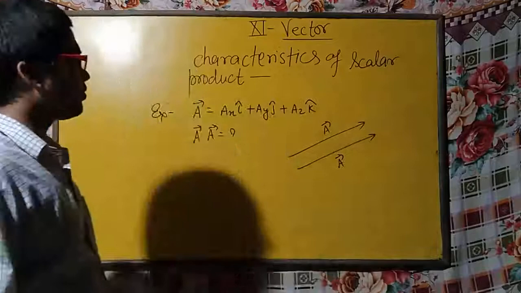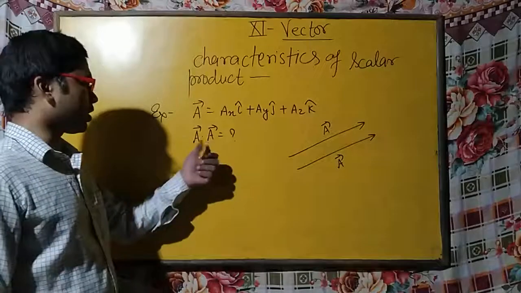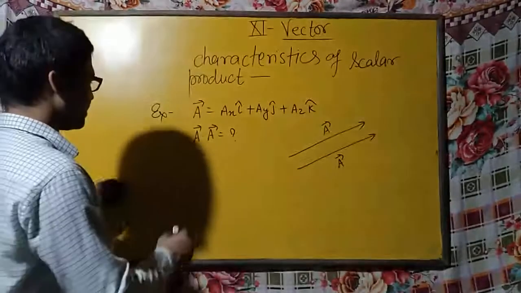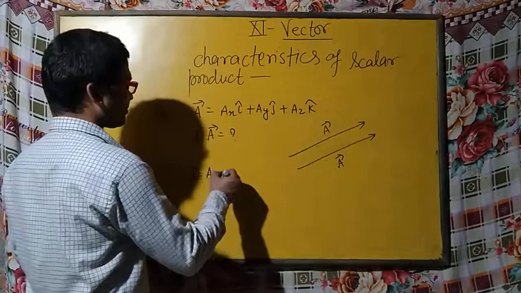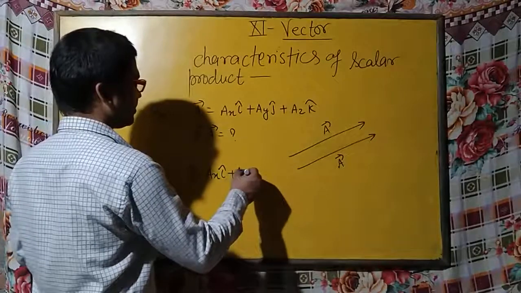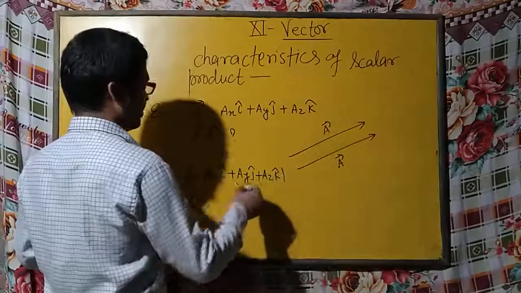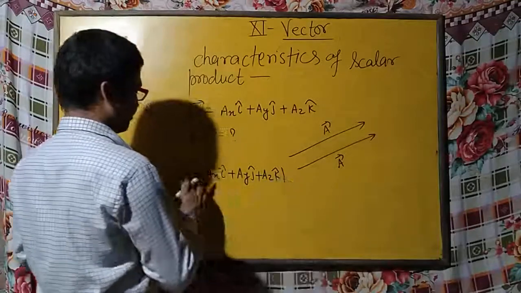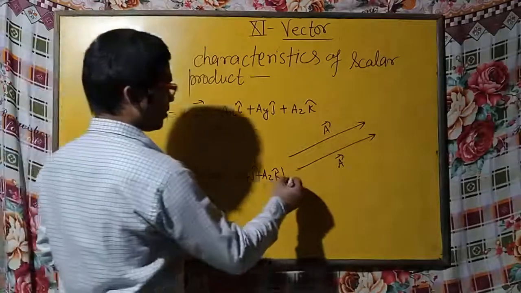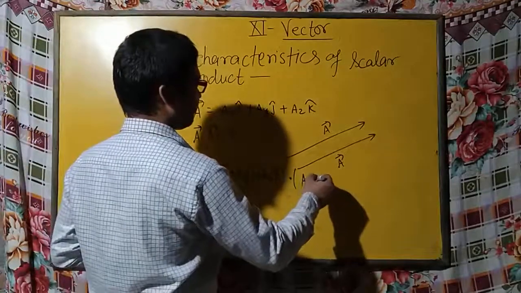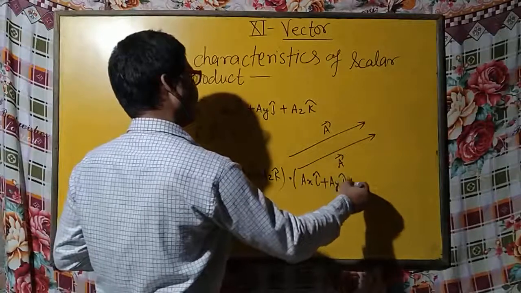The angle between these two is 0 degrees. But our aim is to find A dot A, right? So let us write vector A is equal to Ax i plus Ay j plus Az k, dot A, so dot again Ax i plus Ay j plus Az k.